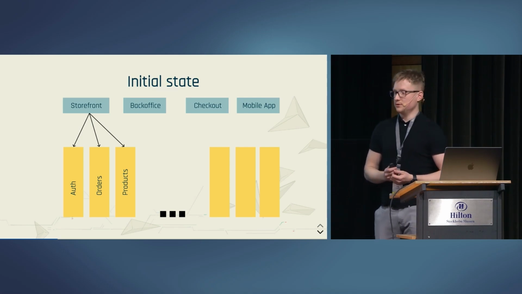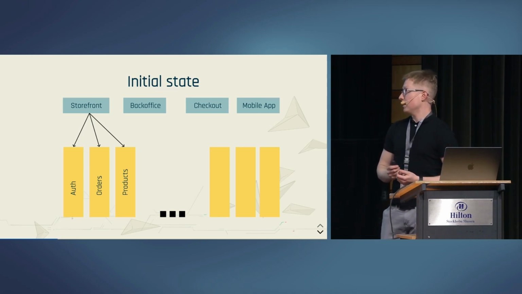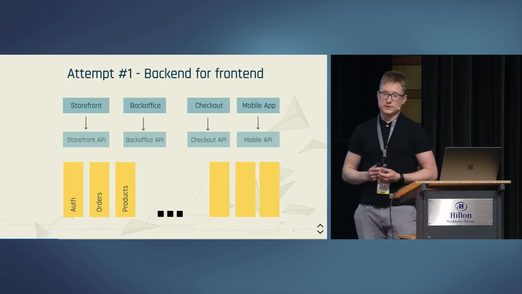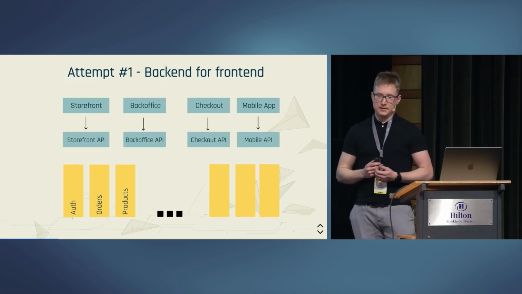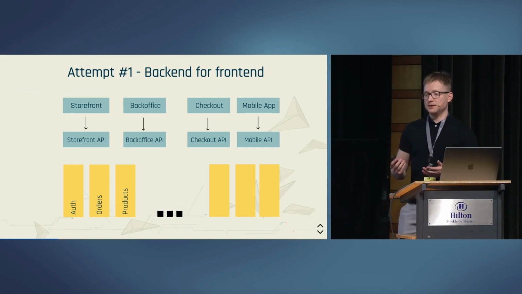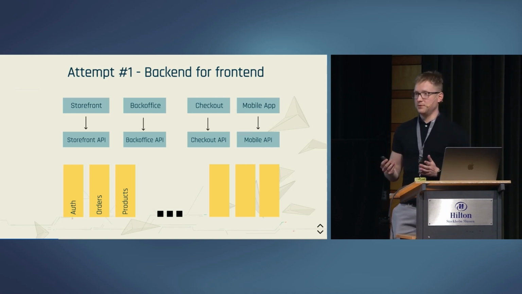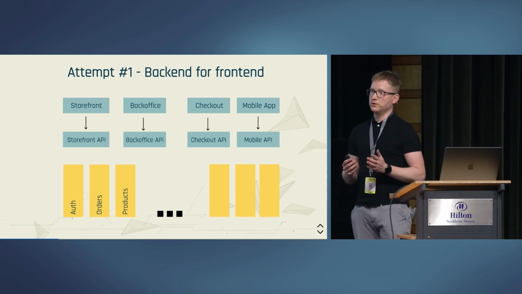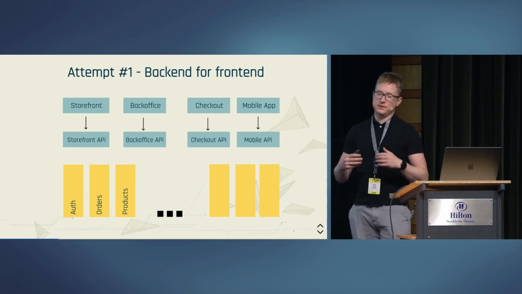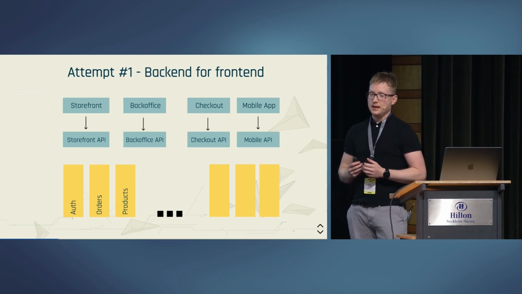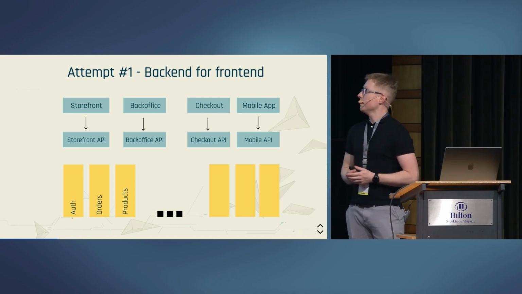The first idea that we tried was to introduce backend for frontend. It's a clear pattern to separate the application logic dedicated to each API consumer, right? So the storefront could receive its own abstraction on top of the core services, the back office API could do the same thing, and so on.